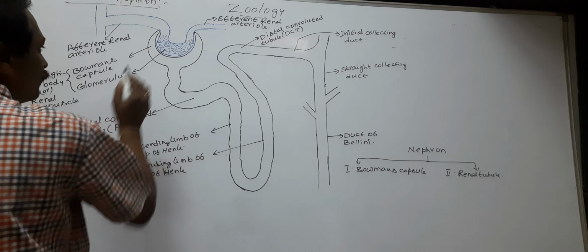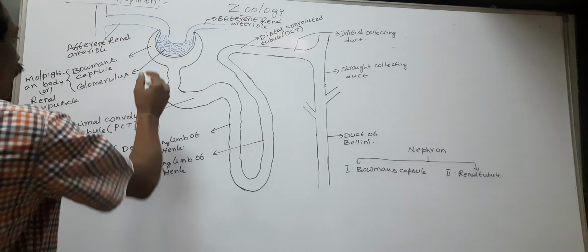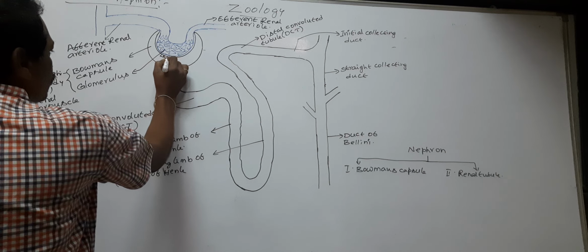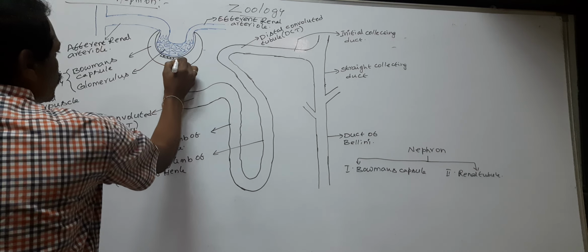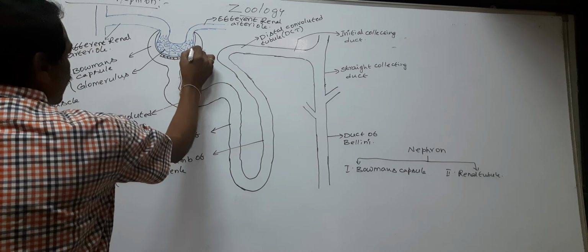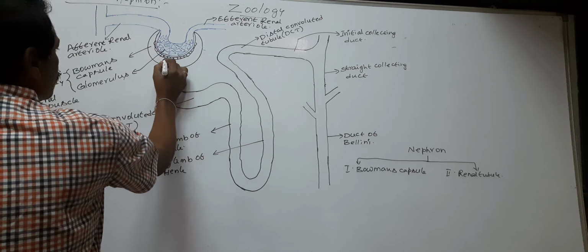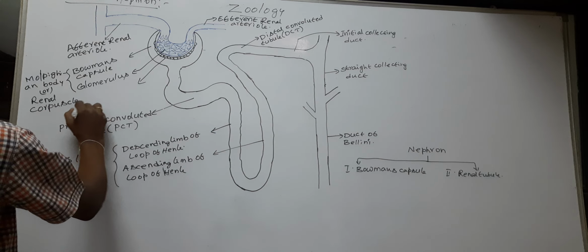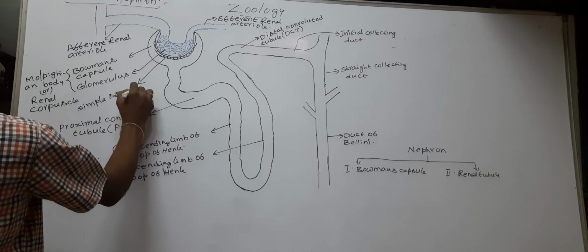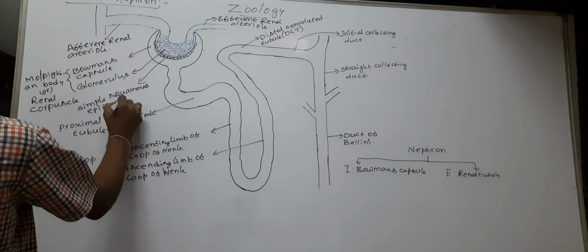The inner layer of the Bowman's capsule is lined by simple squamous epithelial cells. So this is simple squamous epithelium.